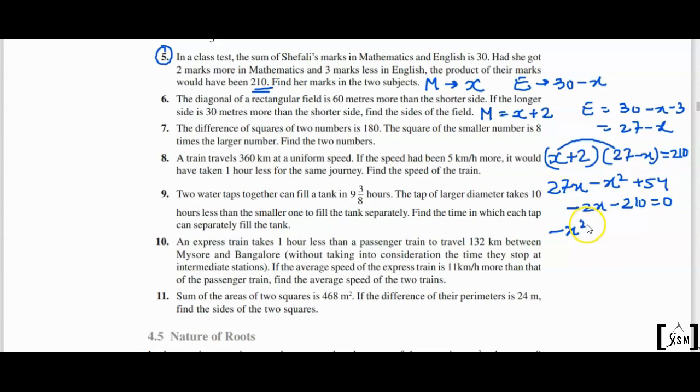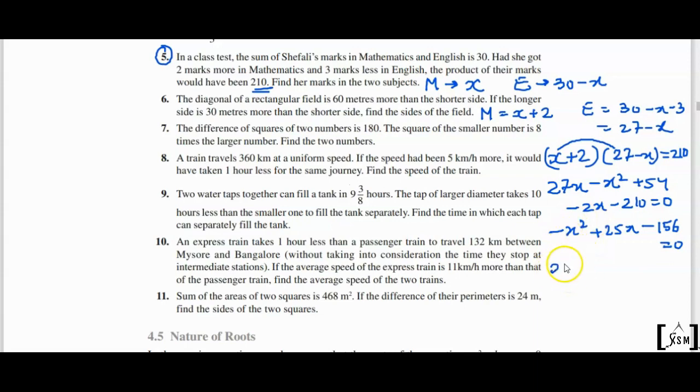Minus x square, and 27x and minus 2x would be plus 25x, and minus 210 plus 54 would be minus 156, equal to 0, right?